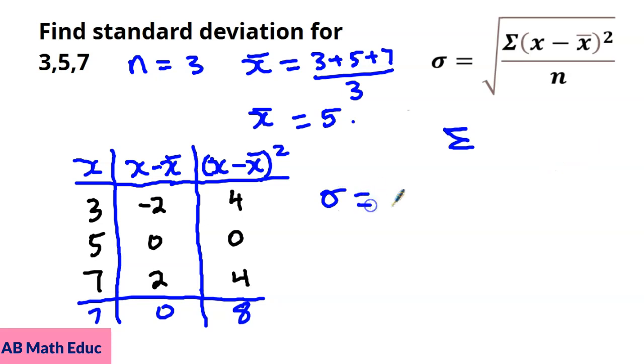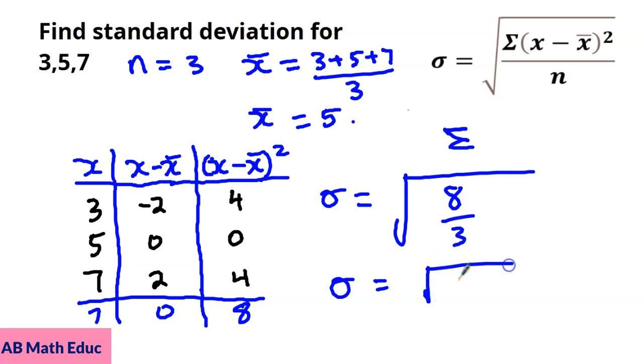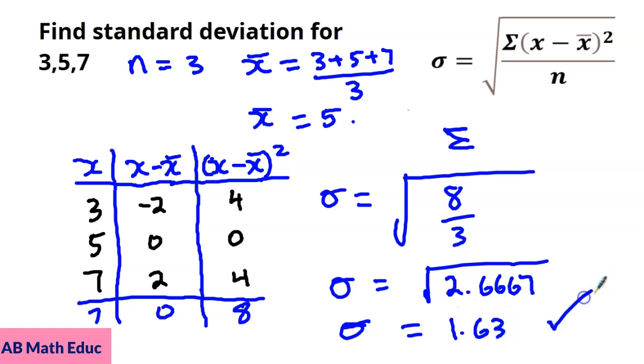So our standard deviation is just going to be the summation, which gives us 8, over n, which is 3. When we divide, we get 2.6667, and then take the square root of that, and that will give us 1.63 as we got from the other one.